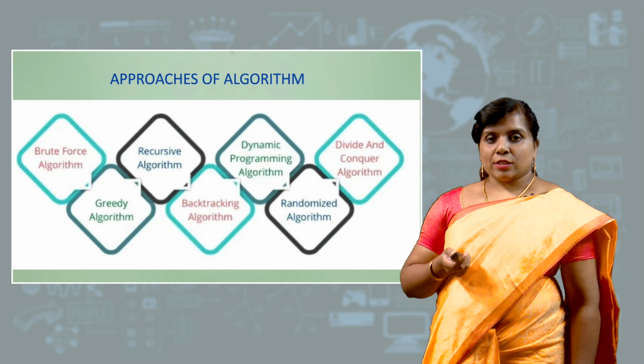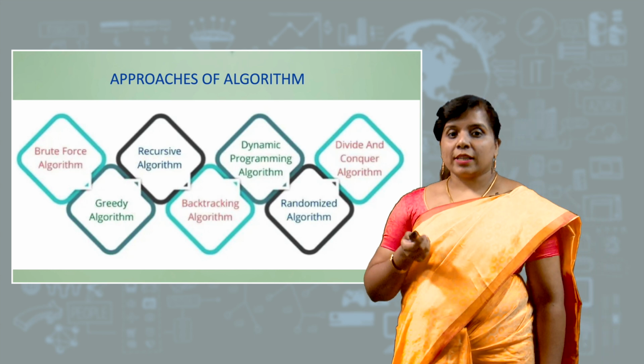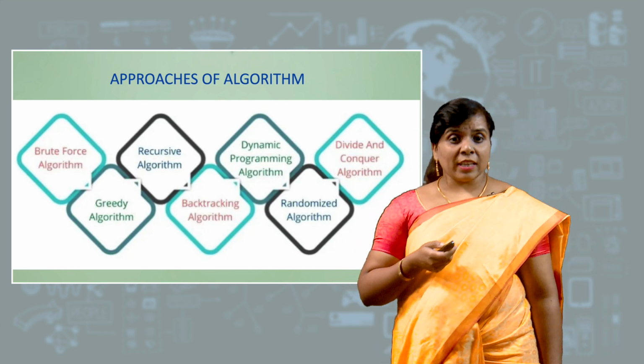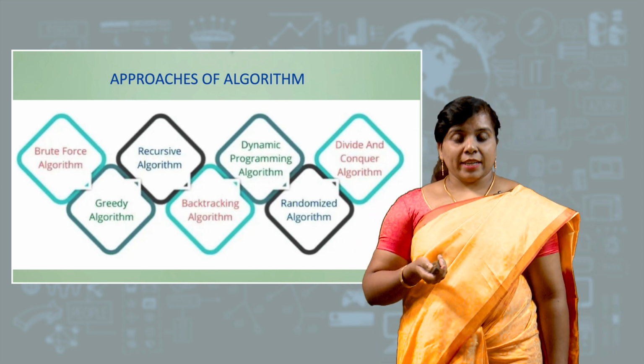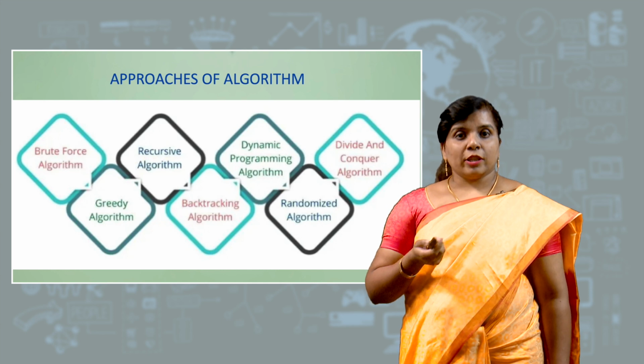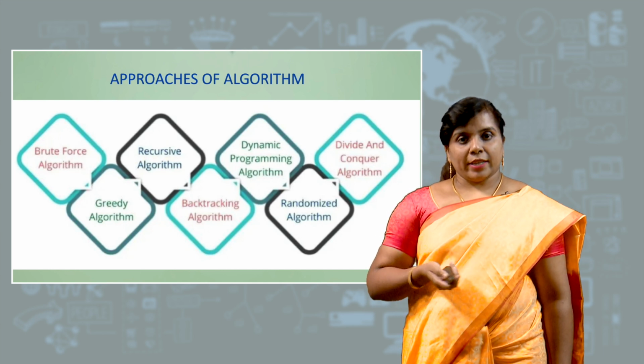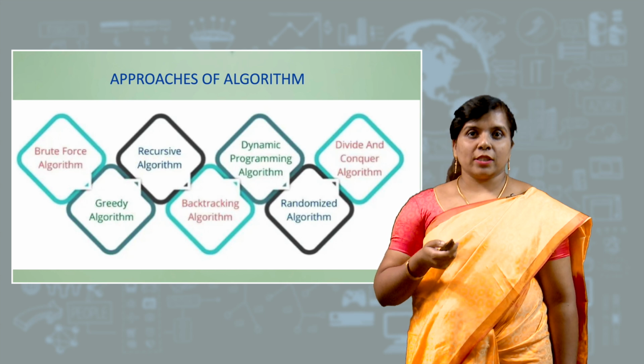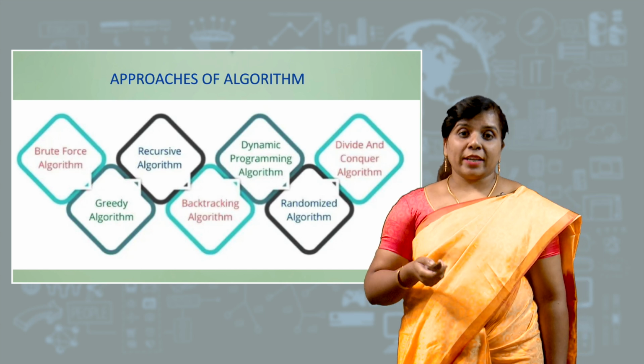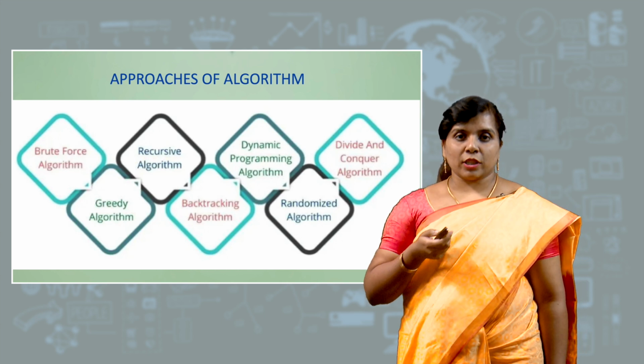The next class of algorithmic approach is the greedy algorithm. The name itself tells it is greedy. The algorithm looks for an optimal solution, and at every iteration it proceeds in finding an optimal solution for the problem.